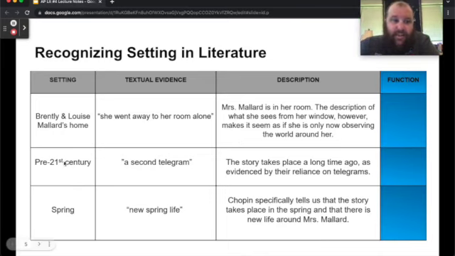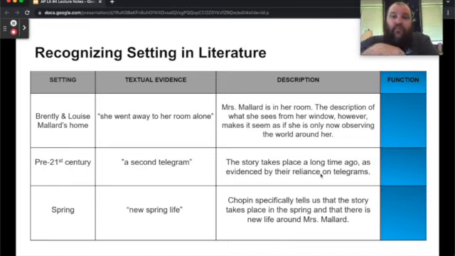All right, which takes us to this being pre-21st century. We know because of the telegram, the story takes place a long time ago, as evidenced by their reliance on telegrams. Why does that matter? Well, think about gender roles, the expectations on women, the expectations on men, the differences.